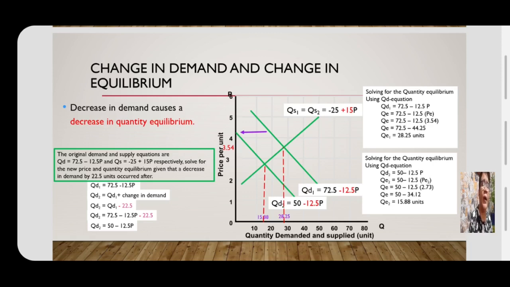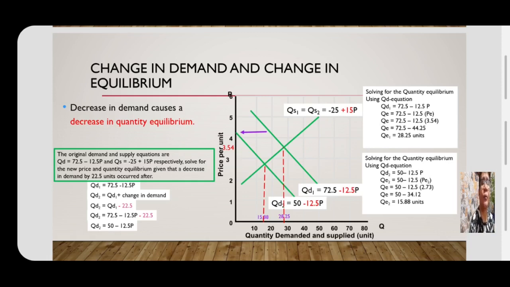And simplifying, we can arrive at this value of new quantity equilibrium equal to 15.88 units.